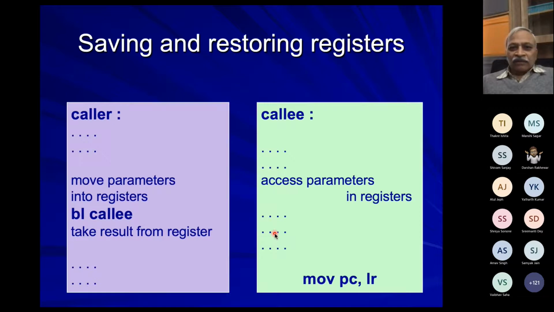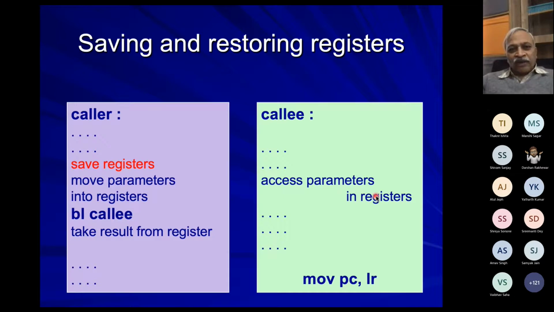So with this additional responsibility, how does the picture look like? We had this picture where before calling, parameters are moved into registers, and after return, the results are picked up from registers. And within callee, you are accessing parameters which are in the register and putting result back in the register. Now, the responsibility of saving register has been defined in the convention.